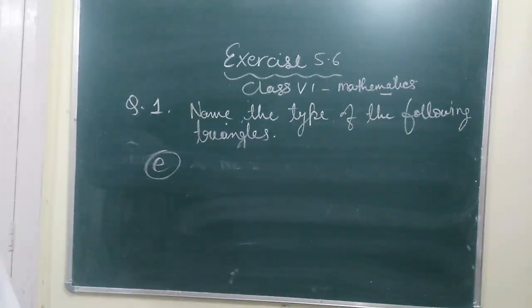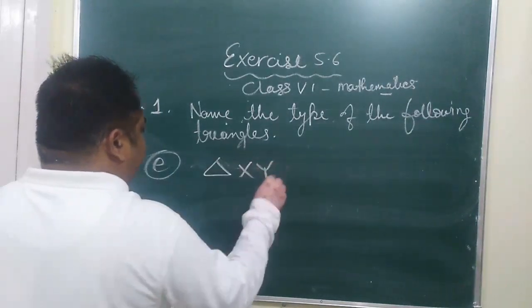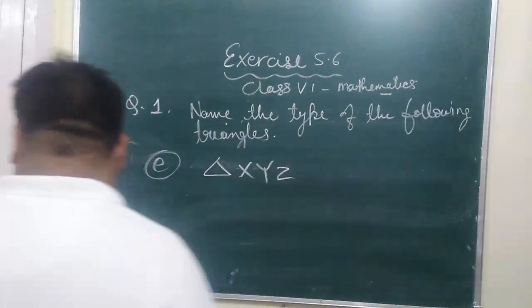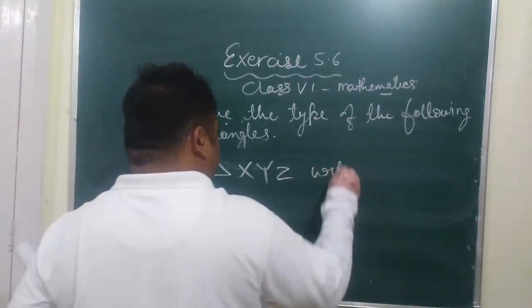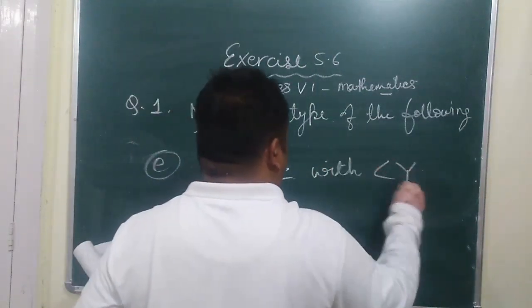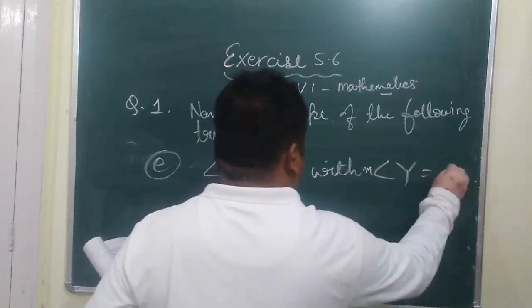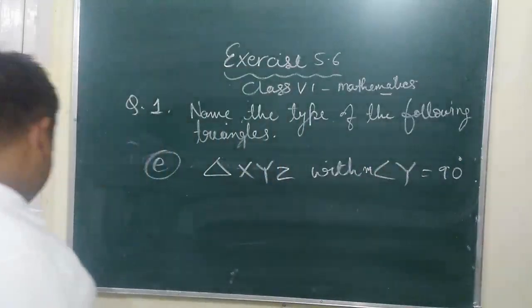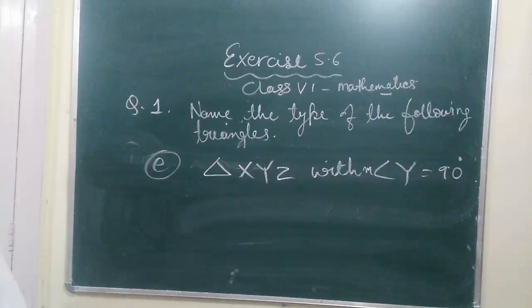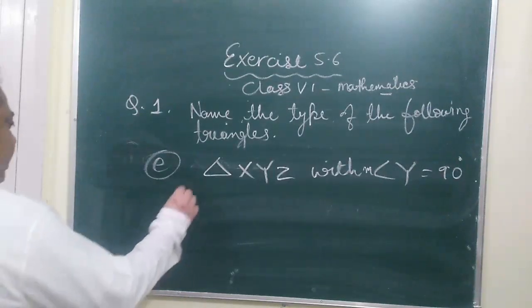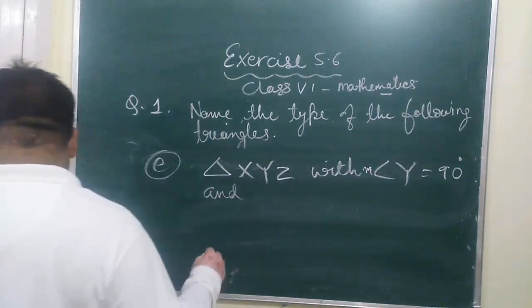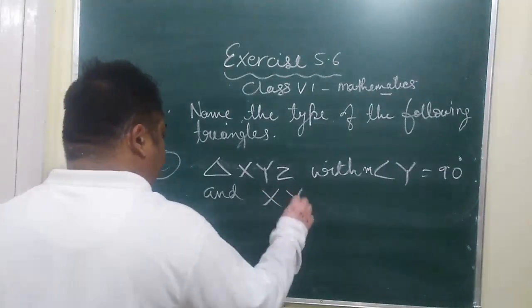E. Triangle XYZ with angle Y is equal to 90 degree and XY is equal to YZ.